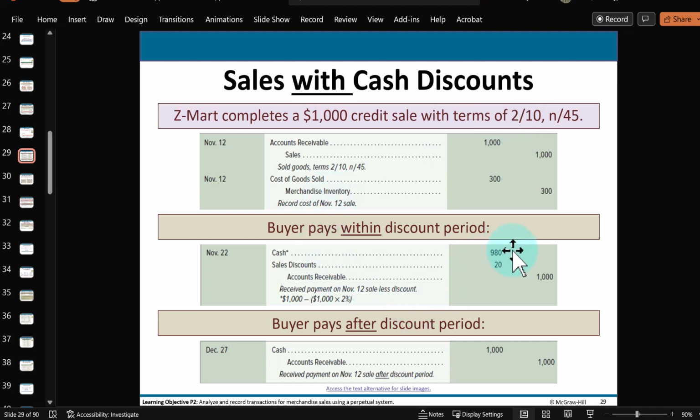And again, way back in chapter 2, seems like months, years ago, total debits have to equal total credits. So we need another debit of $20. Not going to the sales account, but this is a new account just to keep track of the sales discounts we give our customers during the period of time, a month or a year. So this sales discount account is almost like an expense.